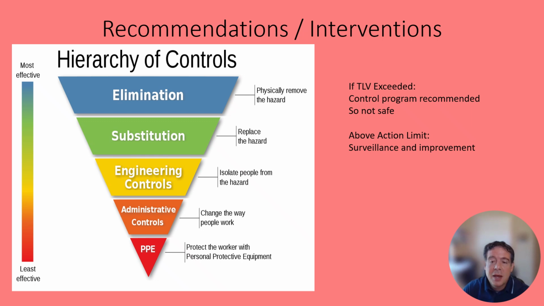But if it's above that action limit, it really depends on your company. It's really based on your company policy. Usually what I see is people adopt that they want to survey and see if there's an increase in injuries and then make some recommendations on the improvements.